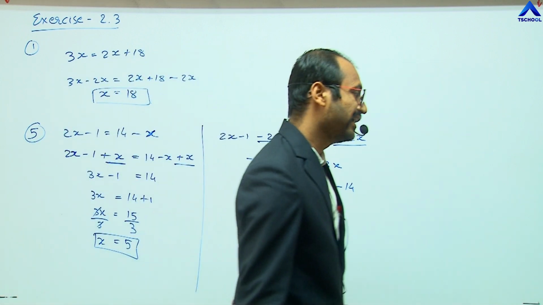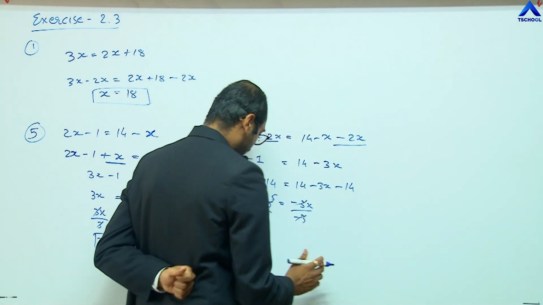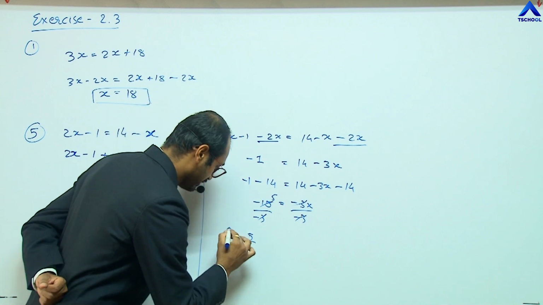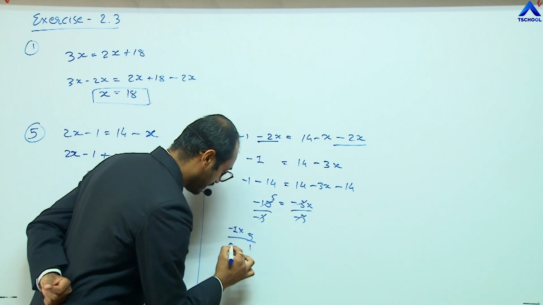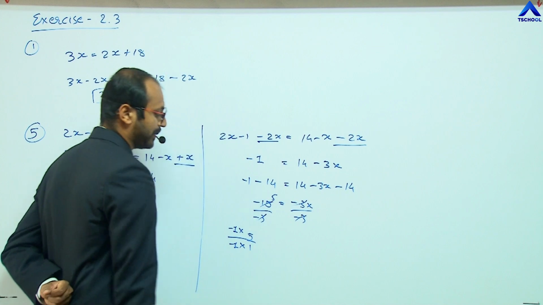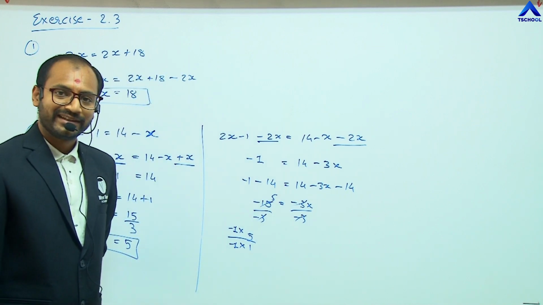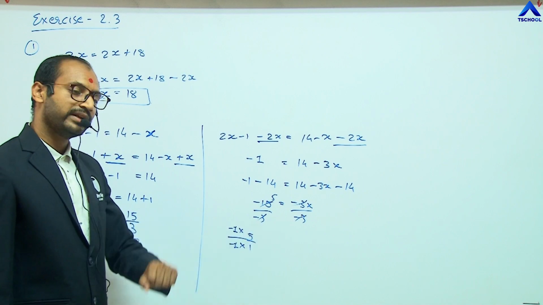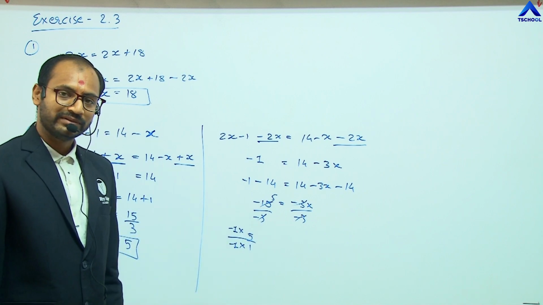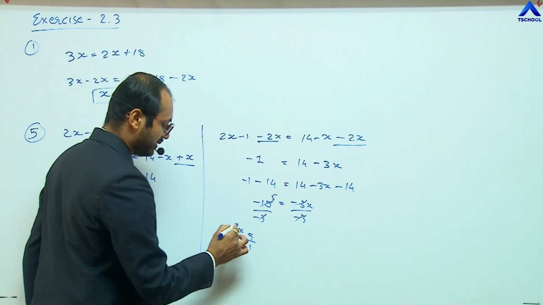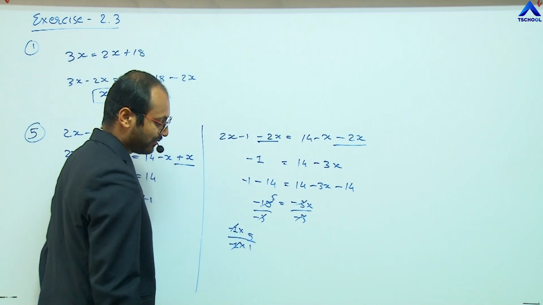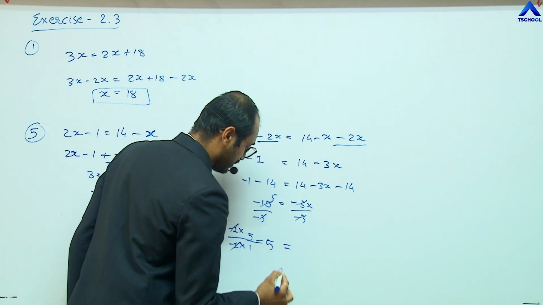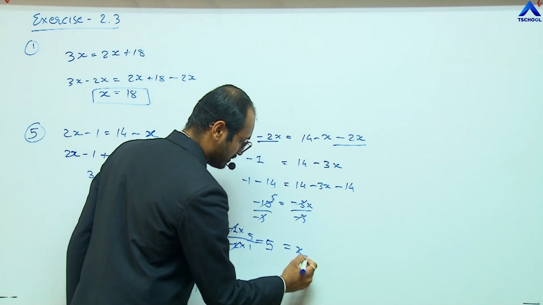But here we have to write it this way to understand very well: minus 1 multiplied by 5 and minus 1 multiplied by 1. These result in minus 5 and minus 1. Understood? So now you can cancel minus 1 by minus 1. What is remaining? 5. So the answer is 5 equals x.